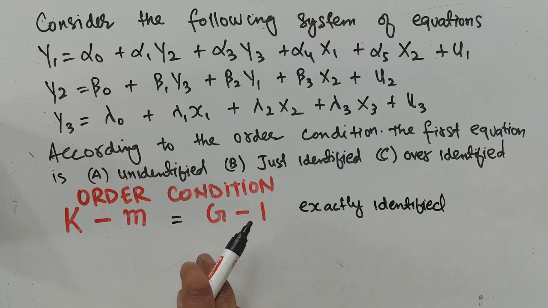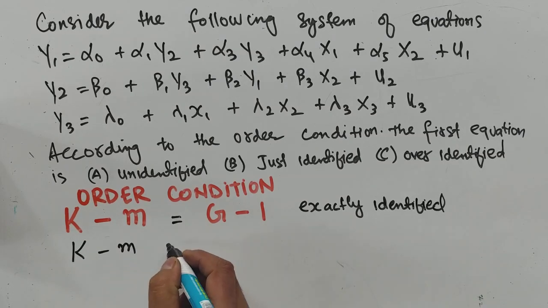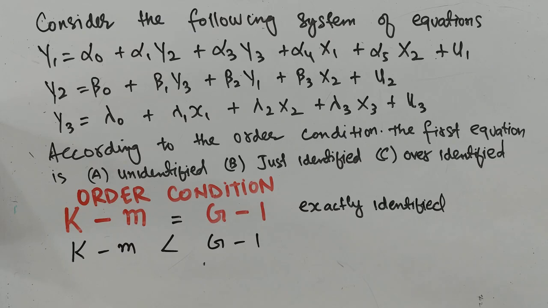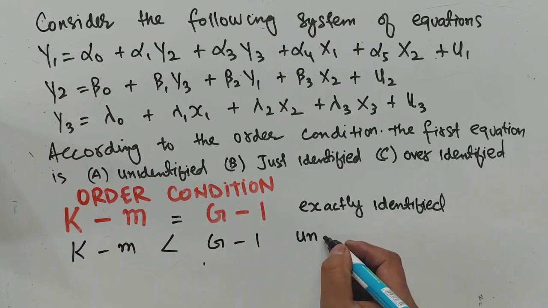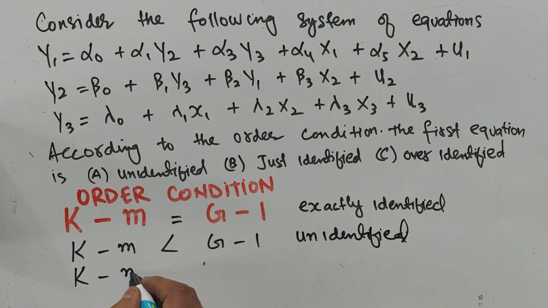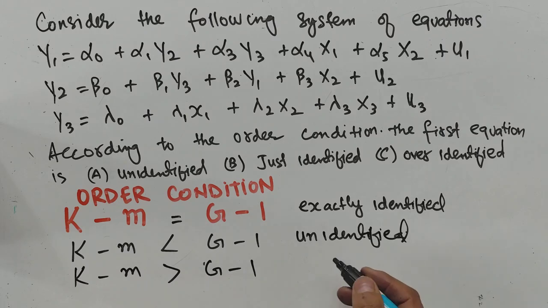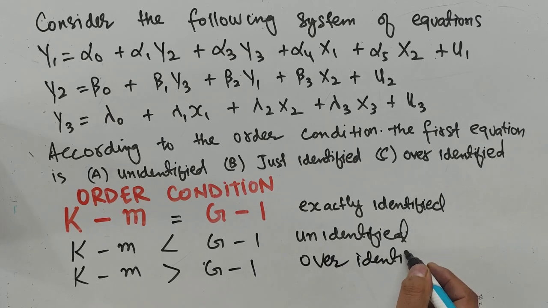If k minus m is less than g minus 1, in this case we say the particular equation is unidentified. Similarly, if k minus m is greater than g minus 1, in this case the particular equation is over-identified.